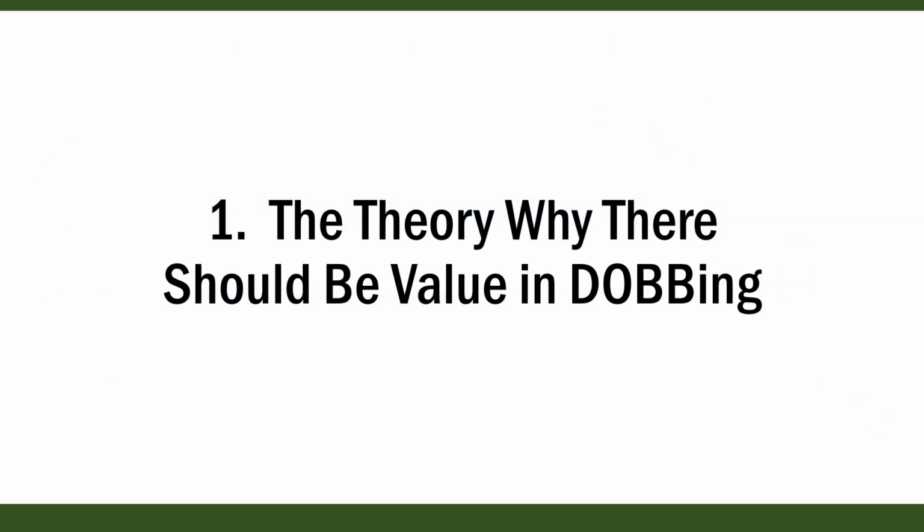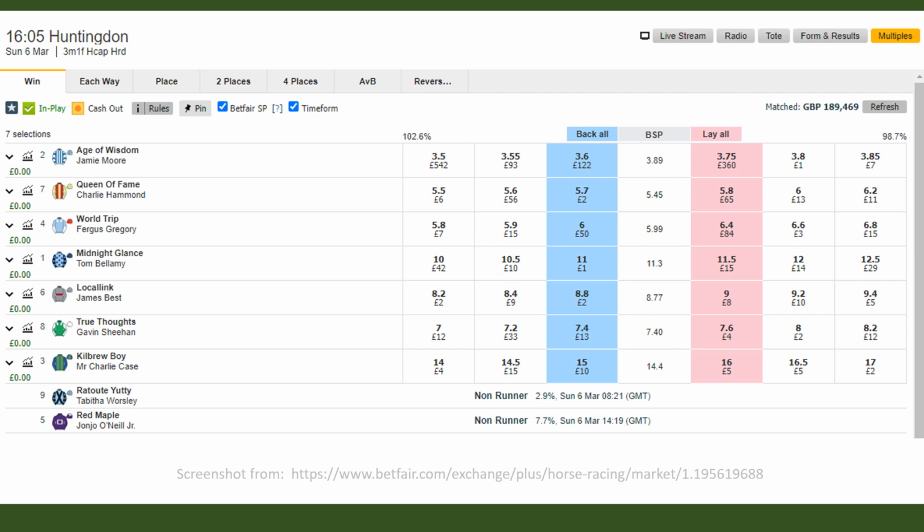Whenever I develop an idea into a strategy, I always want to know that there's a solid theoretical foundation for the strategy to have potential to win. I never try a trading idea out simply because someone told me it works. For this reason, I'll explain why dobbing has potential value as a trading strategy.